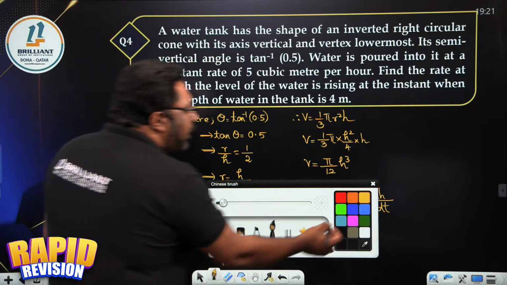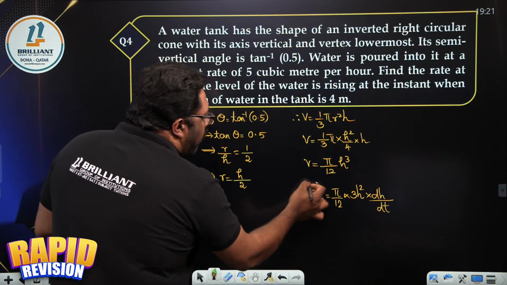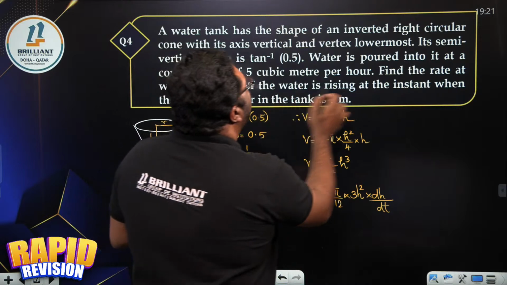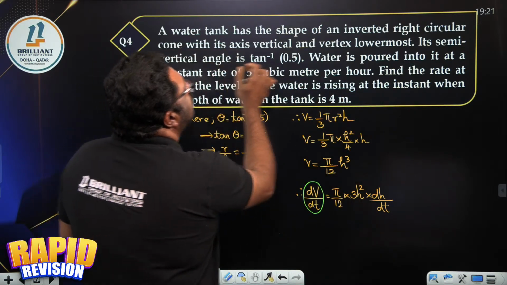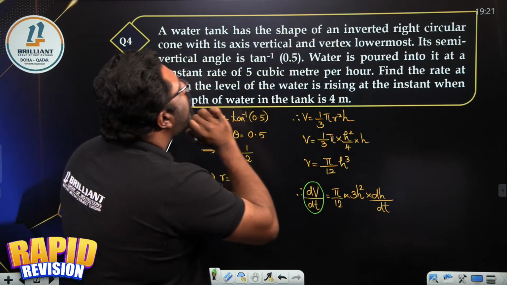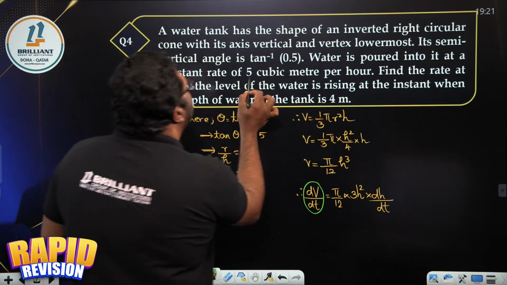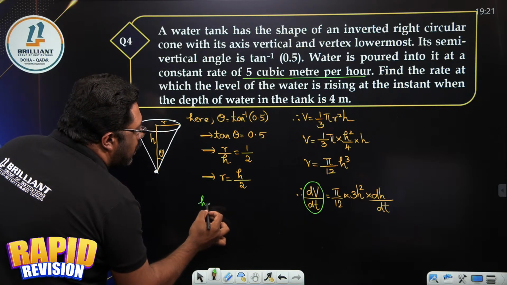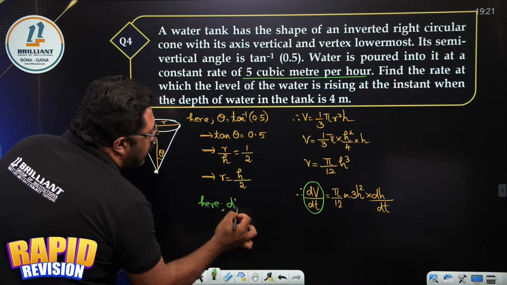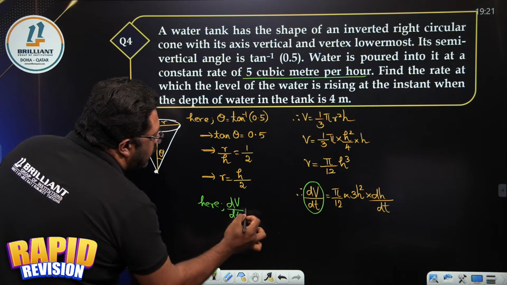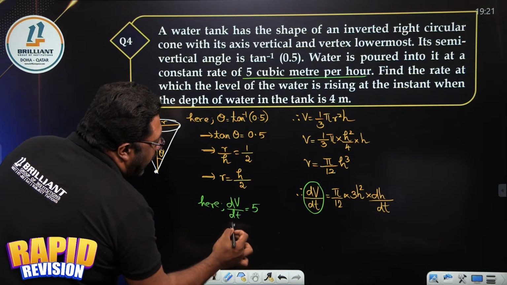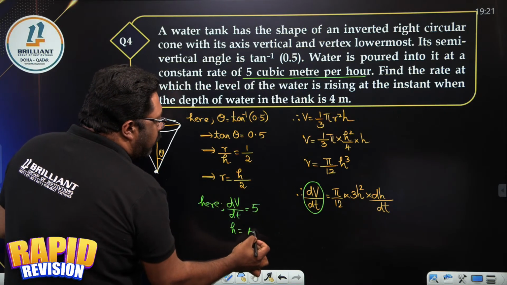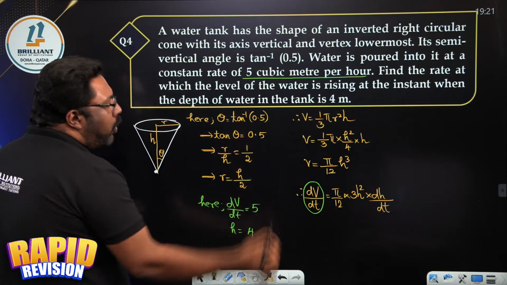The volume of water in the vessel changes at what rate? Water is poured into it at a constant rate of 5 cubic meter per hour. So we have the change in the volume equal to 5, and at that particular instant the height of the water in the tank is 4.